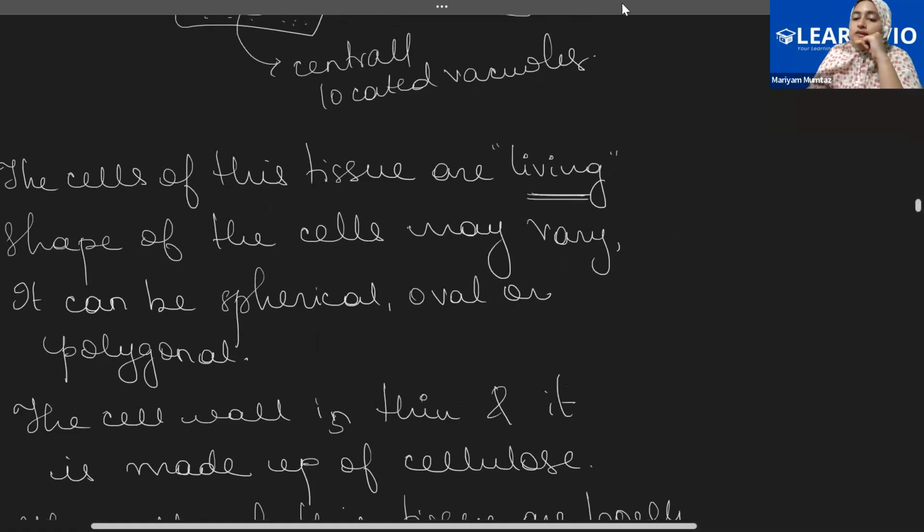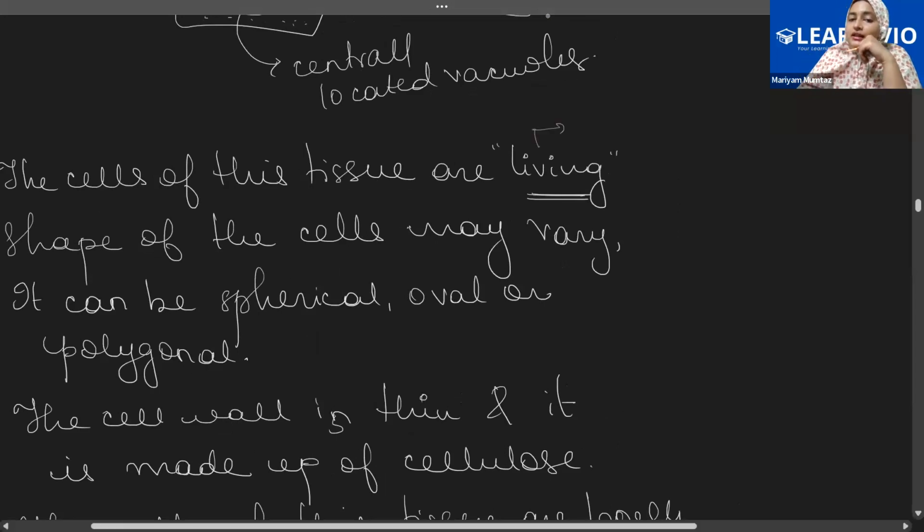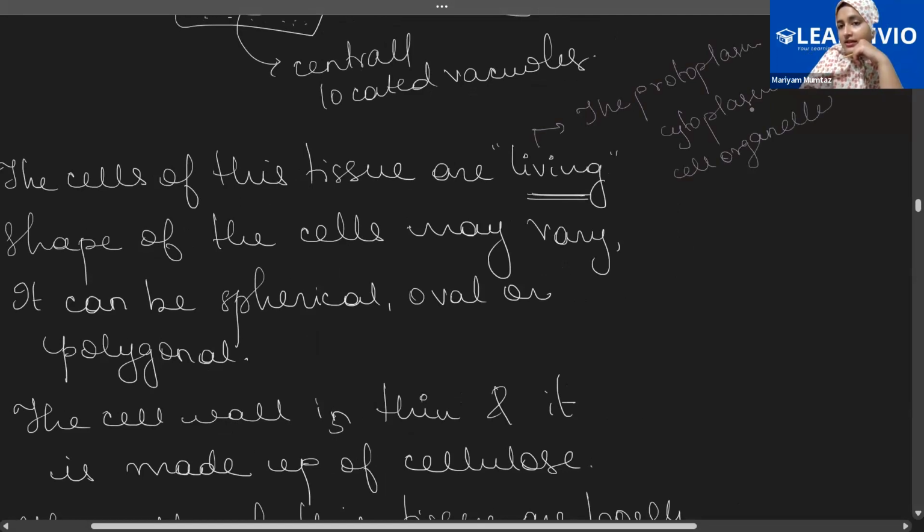All of the cells or tissues that are living have protoplasm present in them. Now, what is protoplasm? Meaning the cytoplasm will be there and the cell organelles will be there. Do you remember the cell organelles?